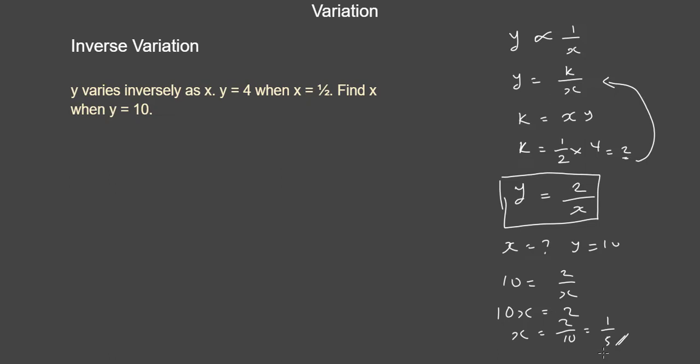Another thing to mention is this. When it says two things are inversely related, what it means literally is as one of them goes up, the other one goes down. So an example is this. Let's say you have a car that is moving, a car that travels.